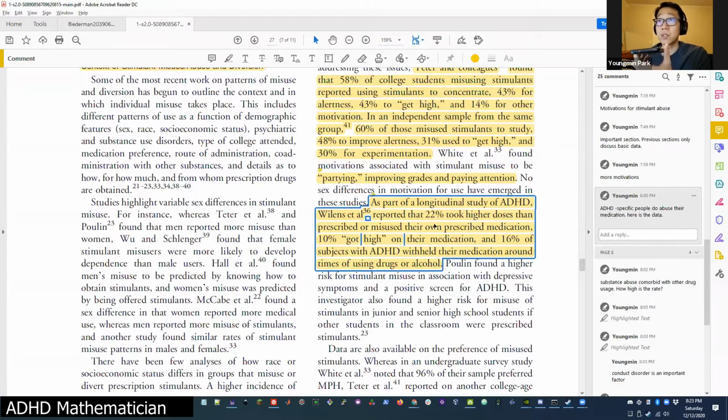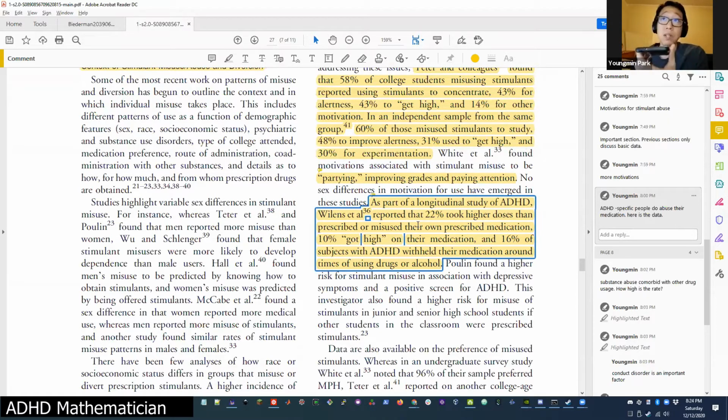As part of a longitudinal study of ADHD, Weilands et al. reported that 22% took higher doses than prescribed or misused their own prescribed medication. So this particular study, if I'm reading this correctly, is specifically about people with ADHD.